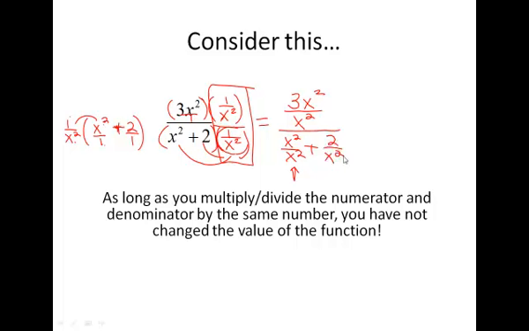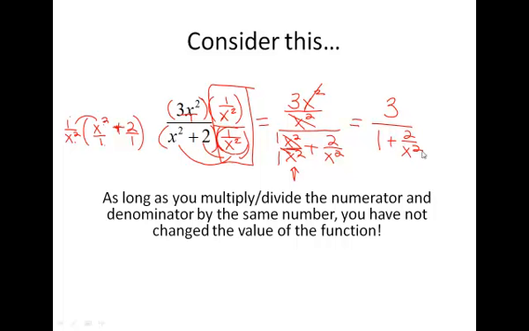What we're eventually going to be doing is canceling out like terms. These become just 1 over 1, so at the top we get 3 over, and then 1 plus 2 over x squared.